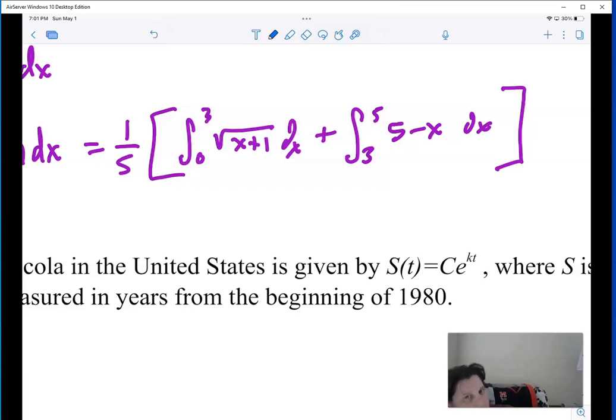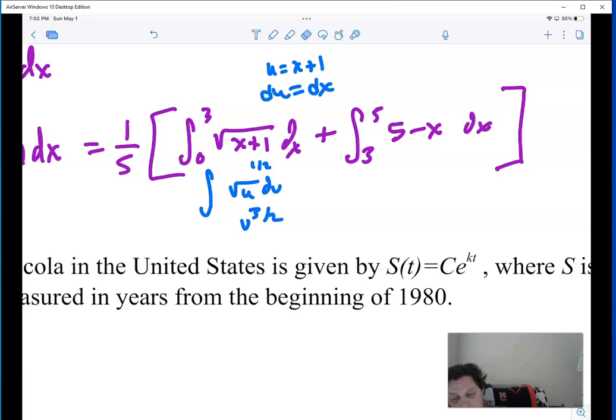All right, the integral of x, du is dx. So I can basically change this.